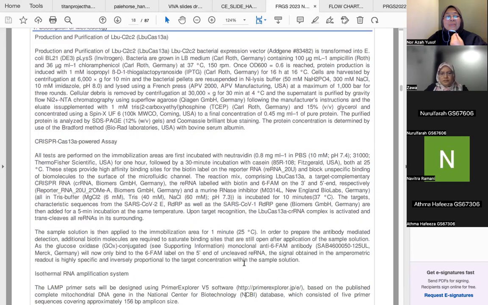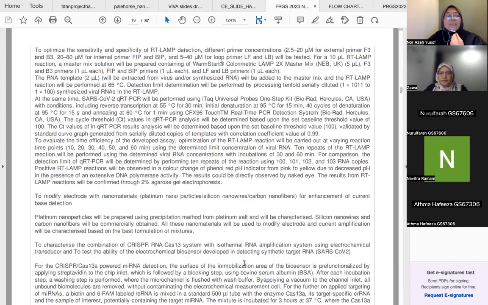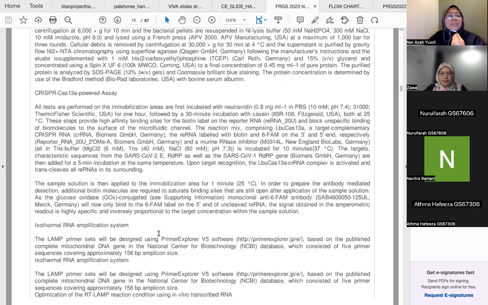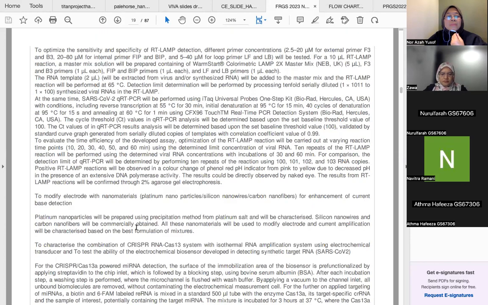So this is the second objective, isothermal RNA designing. It should be like this: will be determined. The use of "will be" is because it's future; it's not yet being carried out. And now I have the third objective, to modify the electrode.